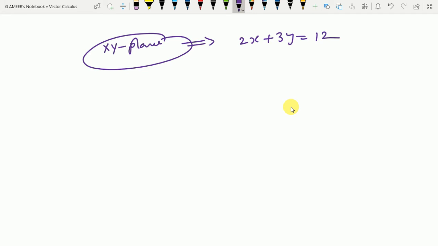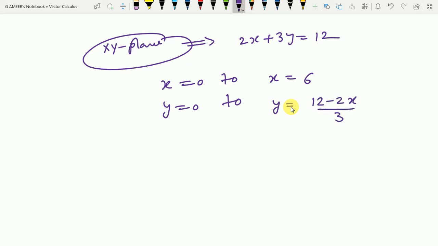So clearly from the diagram, x is going from 0 to 6, and y is going from 0 to, so 3y is equal to 12 minus 2x, so y is equal to (12 minus 2x) upon 3. These are the limits. So finally I need to calculate this integration.